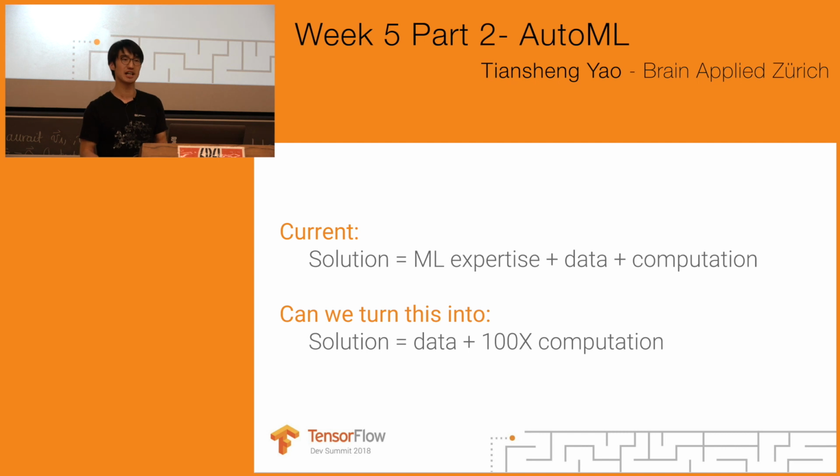But ML expertise, just to train an ML expert, you need to send them to college, and then you need several years of industry experience or academia experience to really know the ML problems. So I think that cost would remain relatively the same. So you probably want to convert this ML expertise and trade it off for computation budget. So we are going to talk about technology. Any questions?